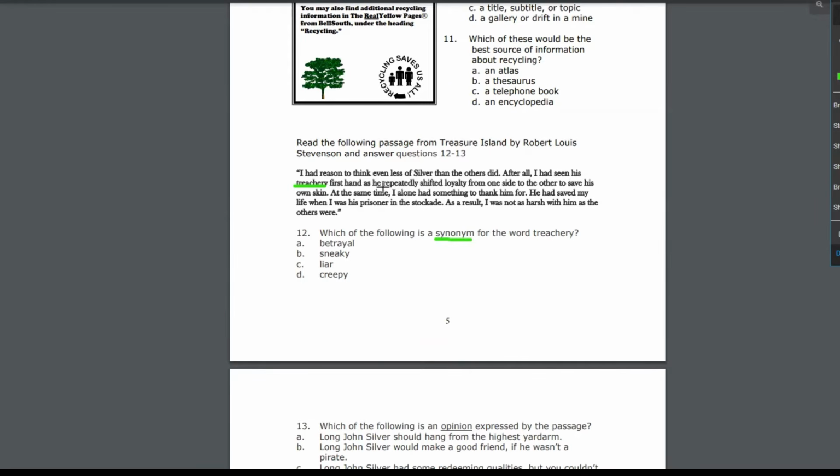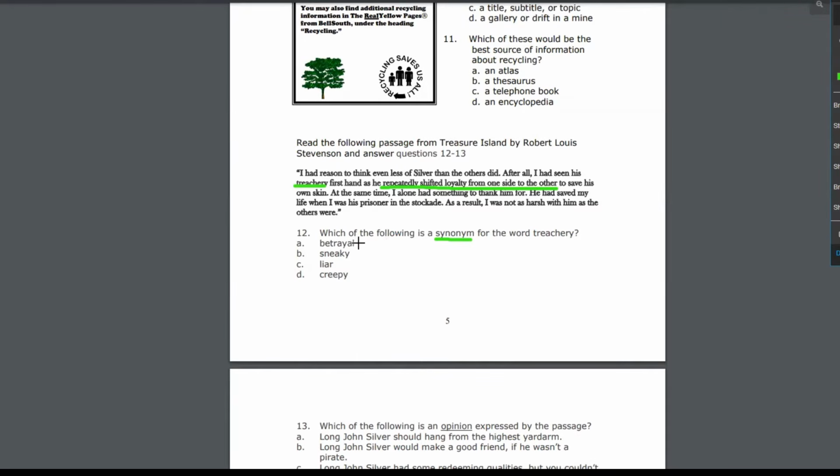So he's going from side to side. Using those context clues, which of these words would be most in line with this word? We're thinking betrayal, right? To me, that stuck out because he's shifting loyalty, which means he's betraying both sides.